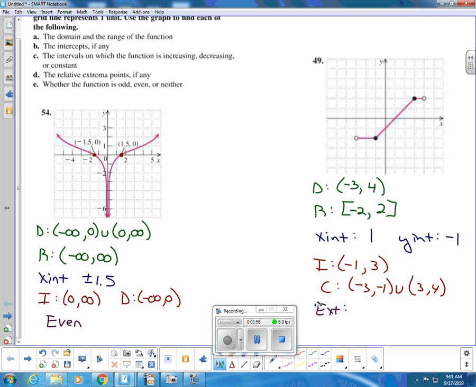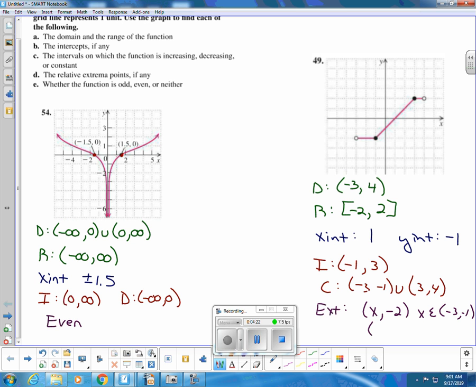So you would say all the points x comma negative 2 for x's between negative 3 and negative 1.